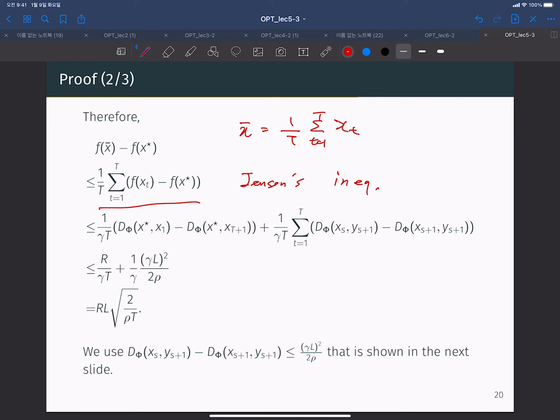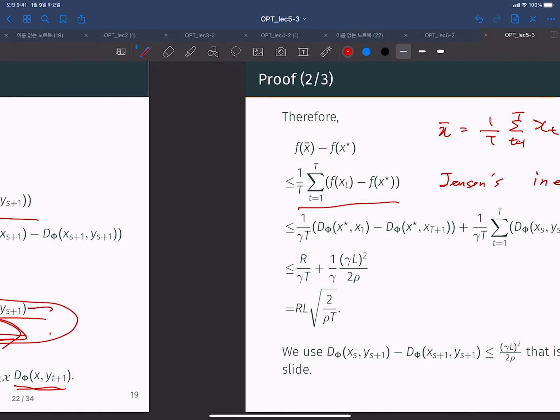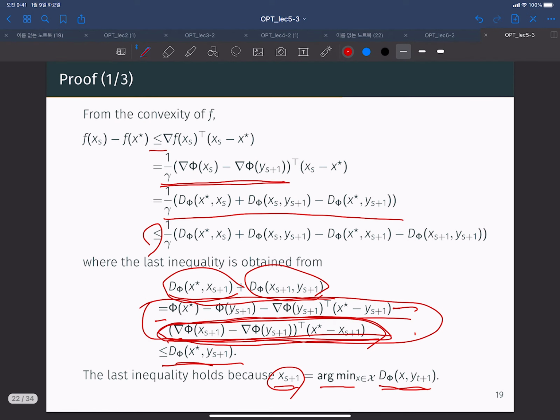And from the previous slide, we have this inequality: f(x_s) minus f(x star) is less than or equal to this, and we can decompose the sum of Bregman divergences into two parts.